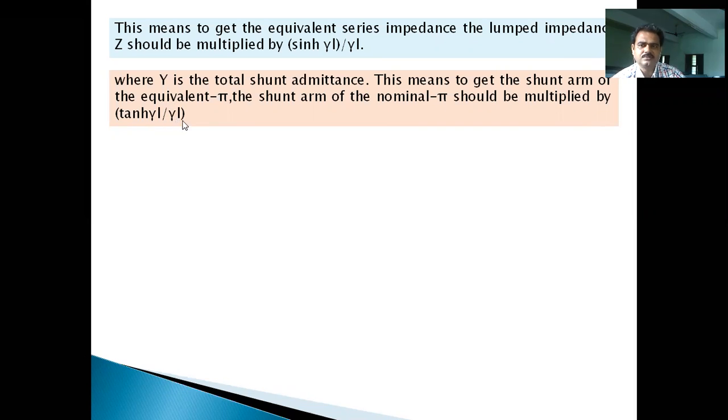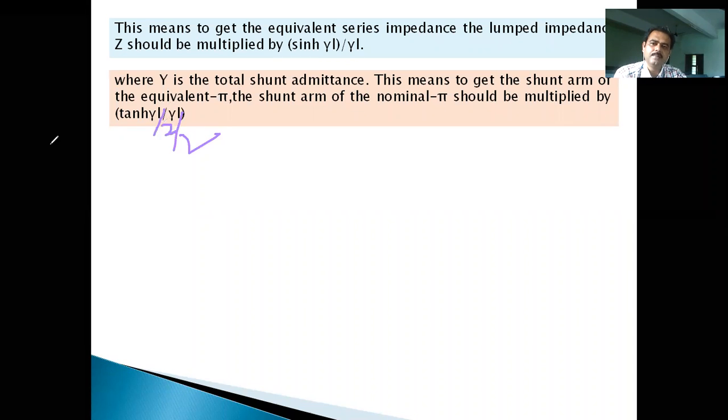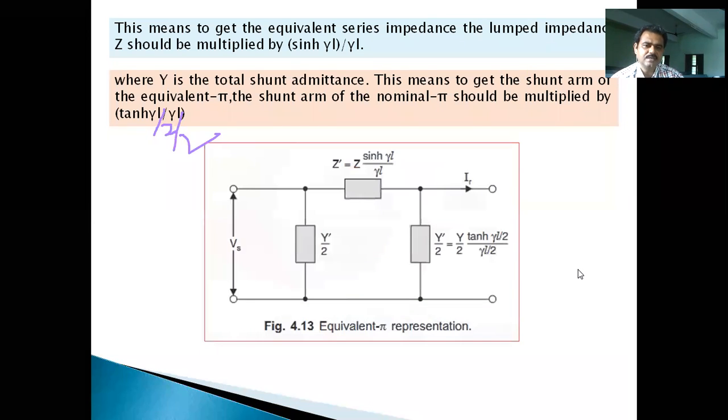Here something is missing, here we have to write y by 2, tanh gamma L by 2 whole divided by gamma L by 2. Okay. Now this is the equivalent pi representation of a long transmission line.